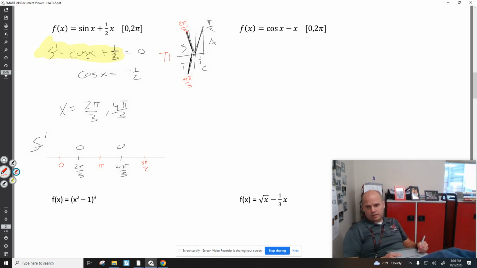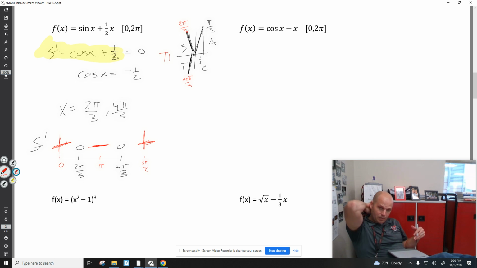If I plug in 0, I get the cosine of 0, which is 1 plus a half. That's definitely positive. If I plug in pi, the cosine of pi is negative 1 plus a half. That's a negative. If I plug in 3 pi over 2, the cosine of 3 pi over 2 is 0 plus a half. Positive. So you could plug in values. Again, you don't care what exactly they are, but it is easy to find if you use nice angles as your test points.